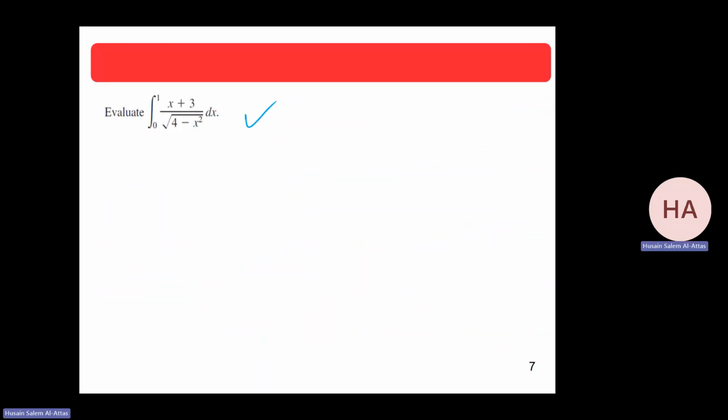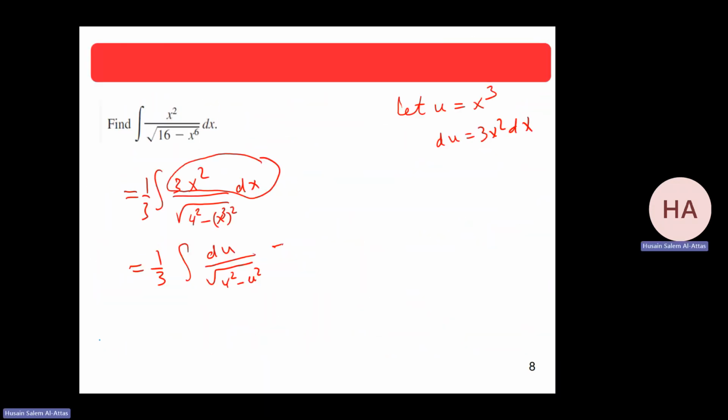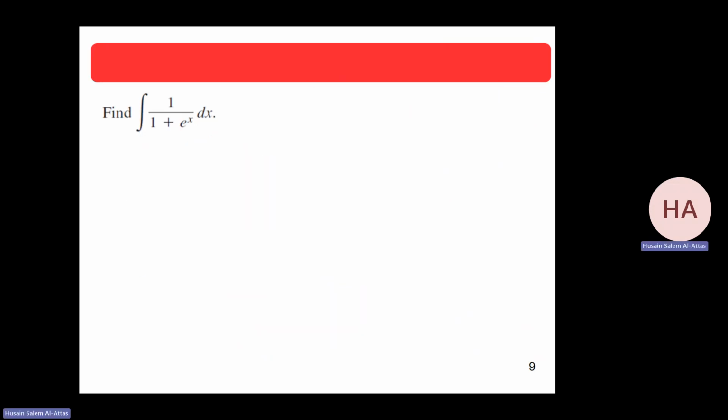So I'm getting 1 over 3 sine inverse of u over 4 plus c. Don't forget what your u is. It's x cubed over 4. That would be the answer.